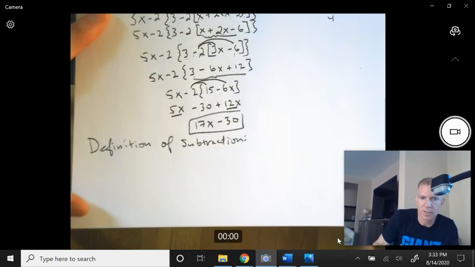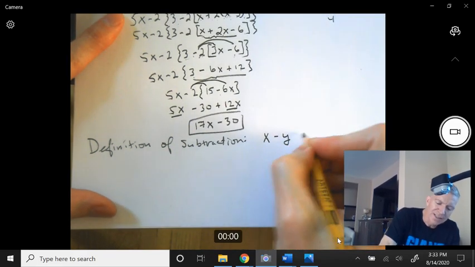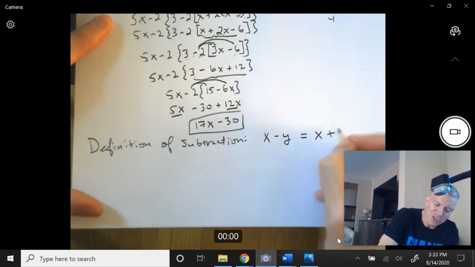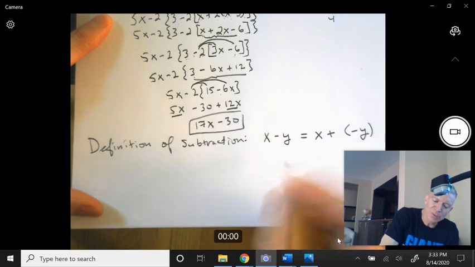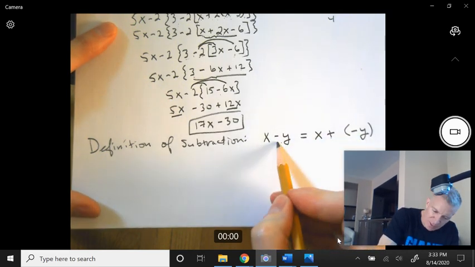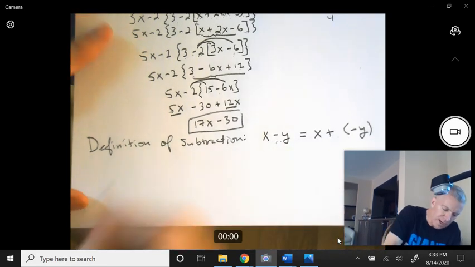Now you know what subtraction is, but by the definition of subtraction, that means if we're taking x and we subtract y, the definition says what we're doing is we're taking x and we're adding that to the opposite of y. When you subtract something, you're adding its opposite. Okay, whether you go from left to right or right to left, this is called the definition of subtraction.